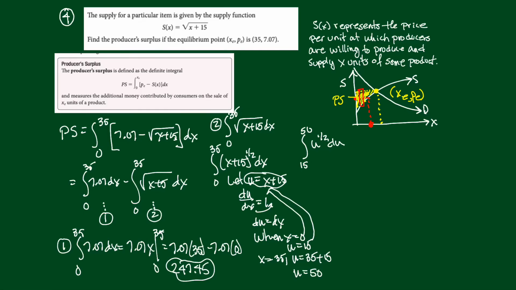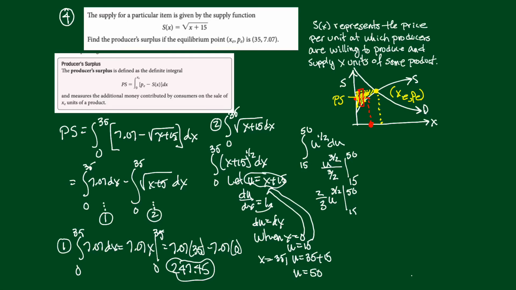So let's do this. We'll increase the exponent by 1 and divide by that new exponent, 3/2, from 15 to 50. Dividing by 3/2 is the same as multiplying by 2/3, so we have 2/3 u to the 3/2 from 15 to 50.